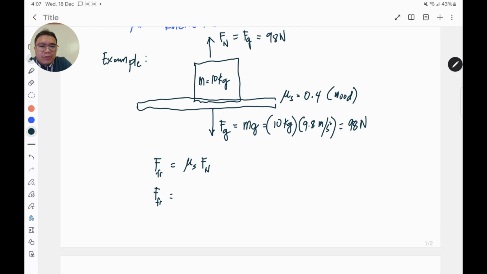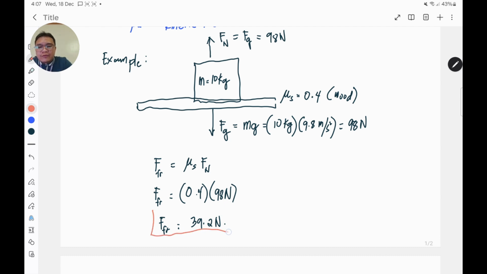Ff is equal to, our mu sub s there is around 0.4, multiplied by 98 newtons. Therefore, our frictional force due to the static friction of the floor is, if we calculate that, 98 times 0.4. How much is that? Let me use my calculator first. 98 times 0.4 is 39.2 newtons.